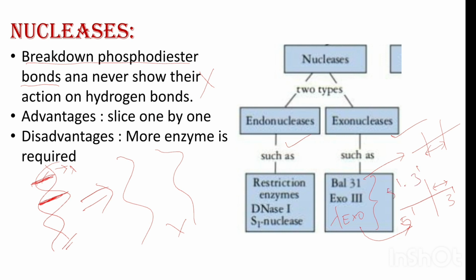So by this what we have understood is, if our gene of interest is present toward the 3' direction, then we have to use lambda EXO, because it acts from the 5 prime to 3 prime direction.